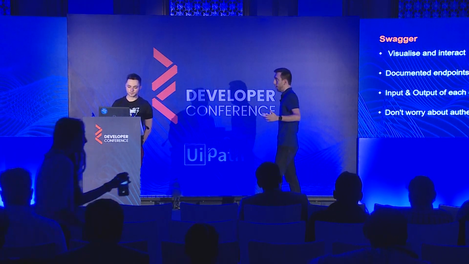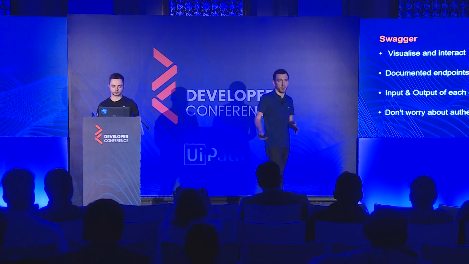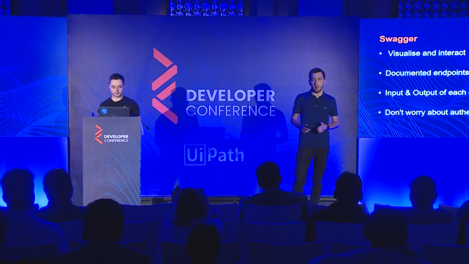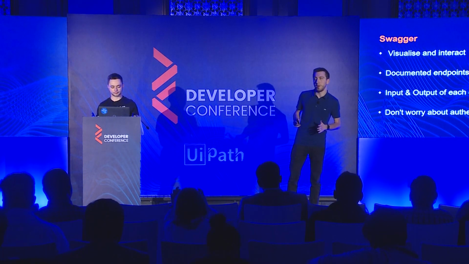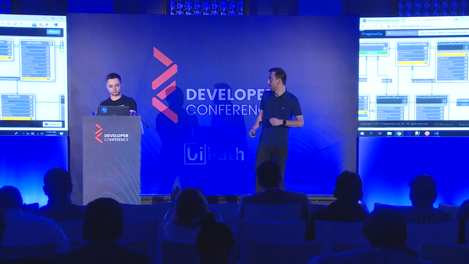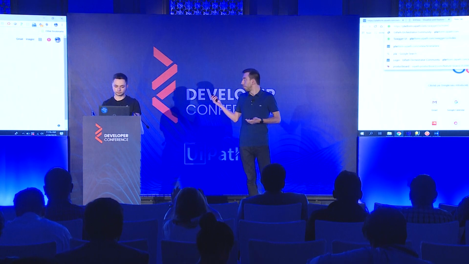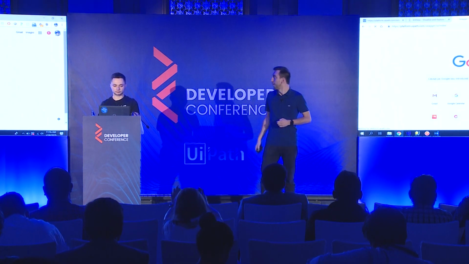And also, if you're using the Swagger UI view, you don't have to worry about authentication. If you're authenticated in Orchestrator, you'll also be authenticated in Swagger. Let's switch to the demo, and we'll see that. Let's open our Community Edition.